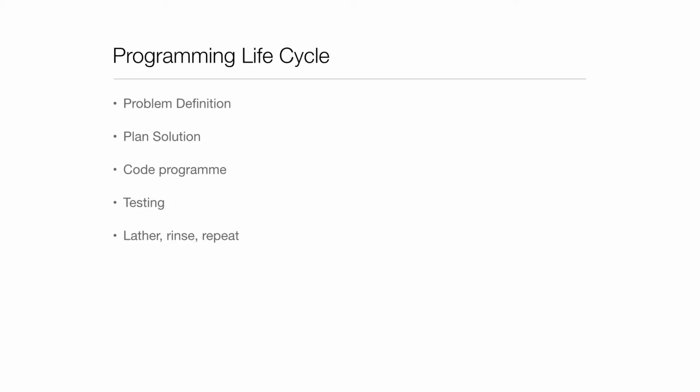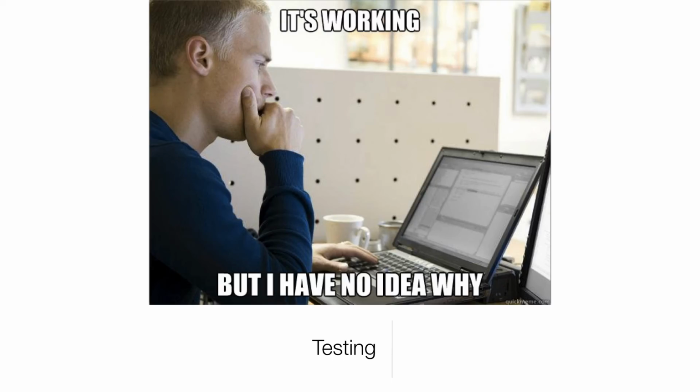So you'll always be in this cycle: working out the problem, planning the solution, coding, testing. You might only go back to coding, or you might have to plan the entire software again. The problem could be a capital letter, a lowercase letter, a semicolon, anything. It's all these different things. As I said, testing is really, really important.